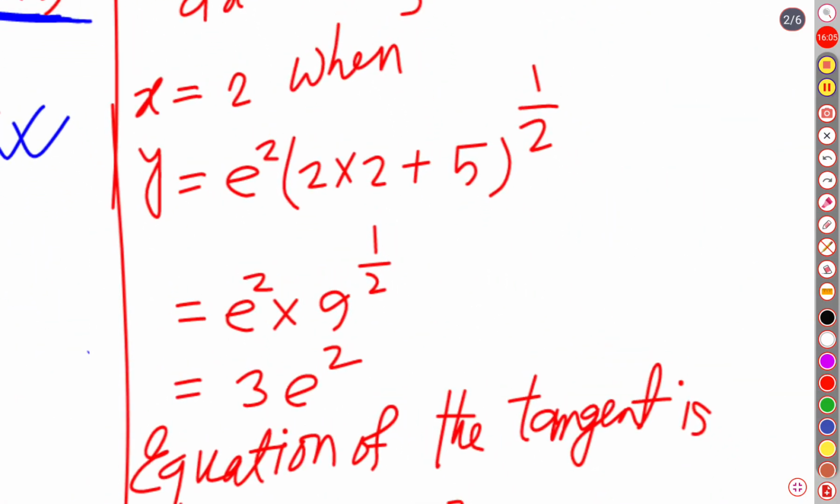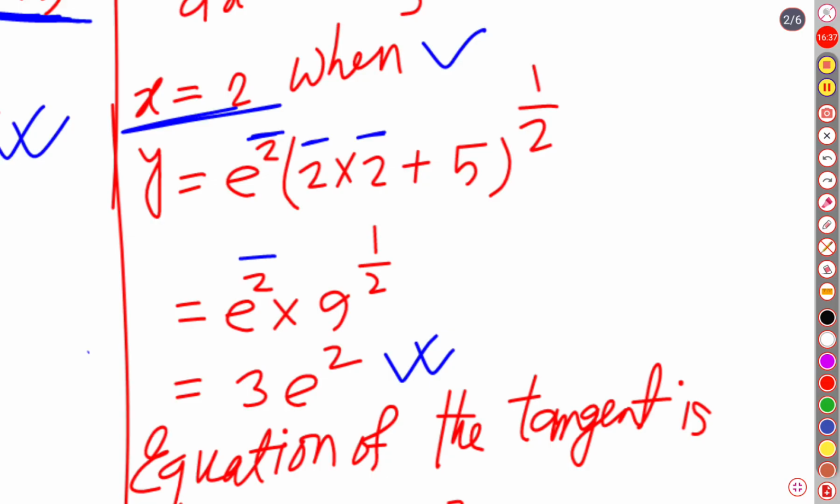When x equal to 2, y is equal to e squared into 2 2s are 4 plus 5, 9 raised to half, and 9 raised to half means actually 3. That's why this is 3 e raised to 2, means 3e squared. So 3e squared is the value of y, whereas the value of x is 2.